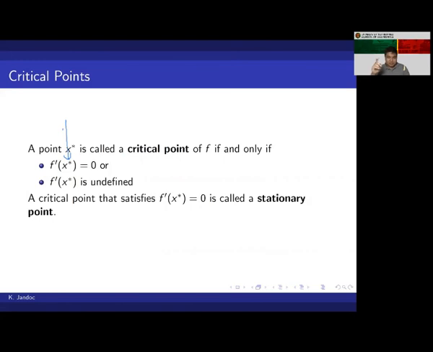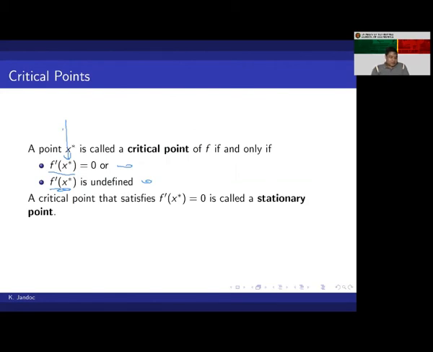That's one. Or the derivative at that point x star is undefined. In the previous two slides, we saw such a case. Whenever either case happens, then x star is called a critical point.